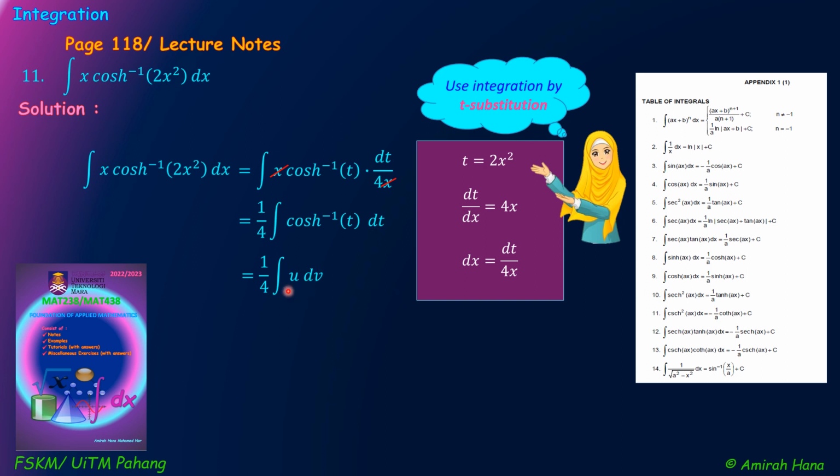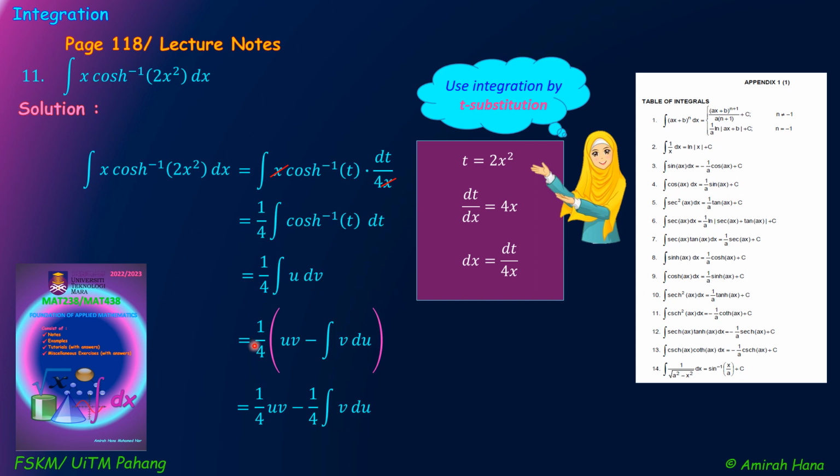After we write the integration of u dv, we still have the 1/4 in front. Using the integration by parts formula, the integration of u dv equals uv minus the integration of v du. This is the formula for integration by parts. In front we still have 1/4, and we expand first.